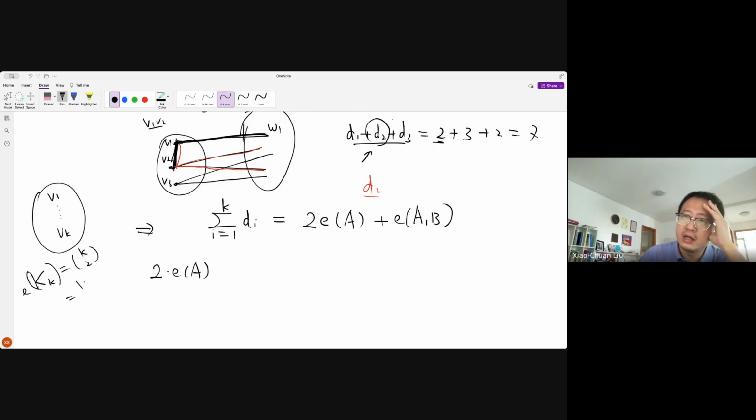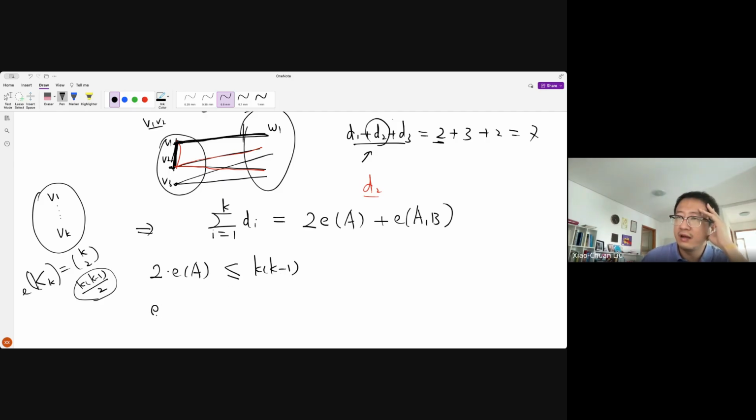So it is k times (k minus 1) over 2, right? E(A) is not necessarily a complete graph, but this is the maximum number of edges you can have. So twice E(A) is smaller or equal than k times (k minus 1).